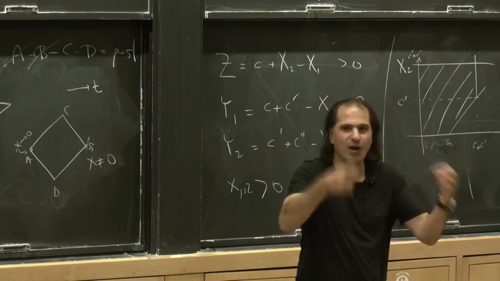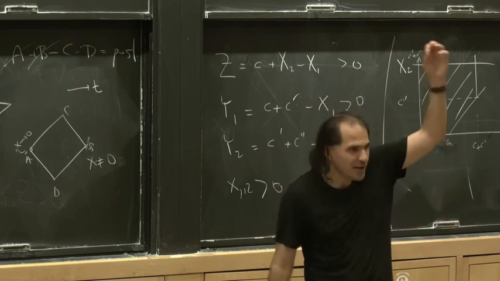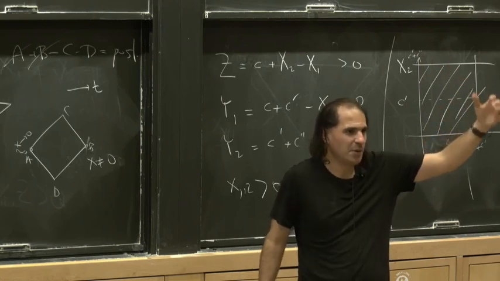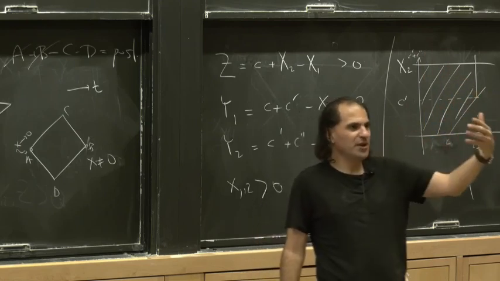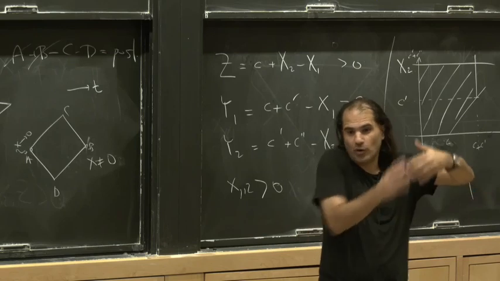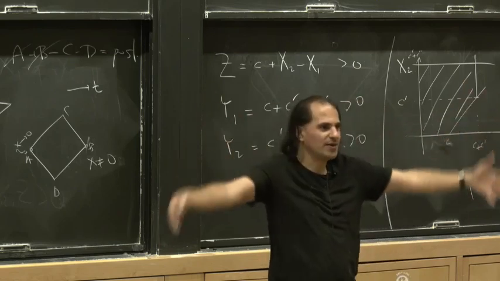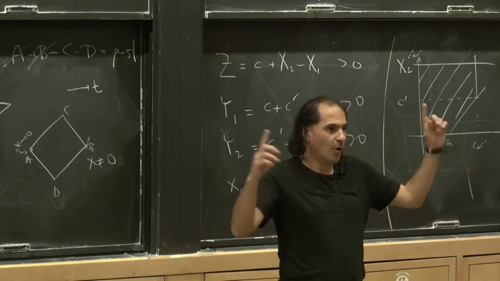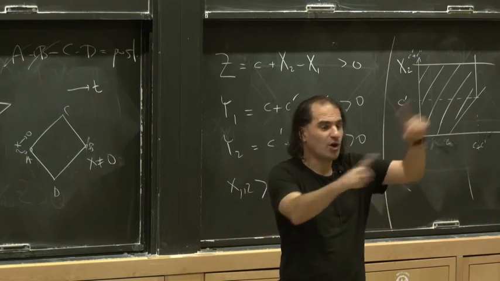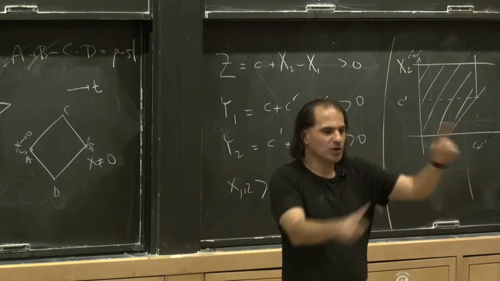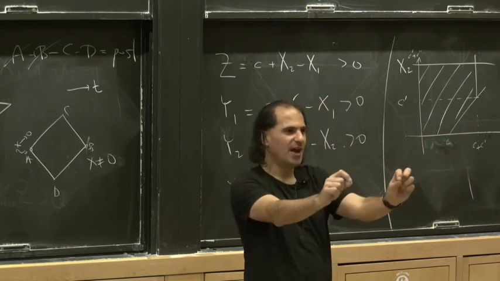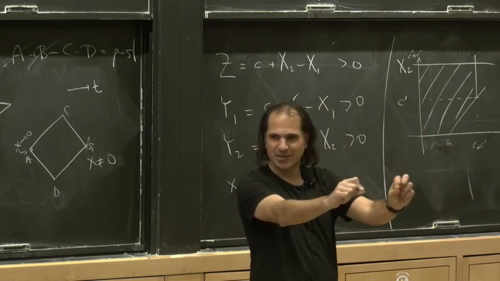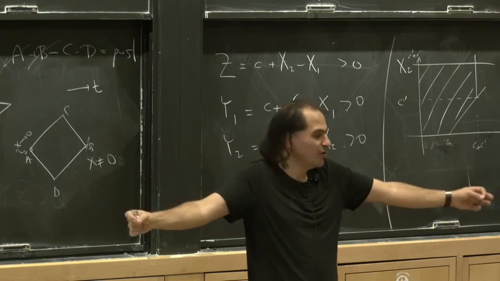But if we really want to see all the variables, we have to draw a two-dimensional picture. That's what we did, and we characterized the space of the two-dimensional picture of the variables. But now we can ask, in that picture, what does whether chords cross or not cross look like? If chords cross, it means that the points are inside a causal diamond that fits in this space-time. If they don't cross, it means that they're not.